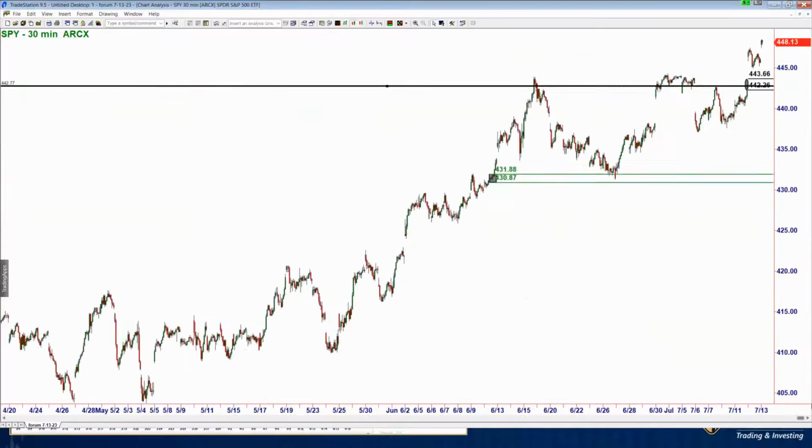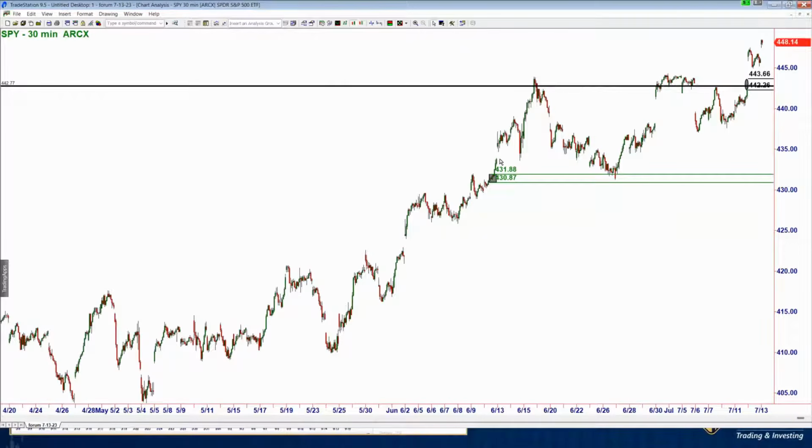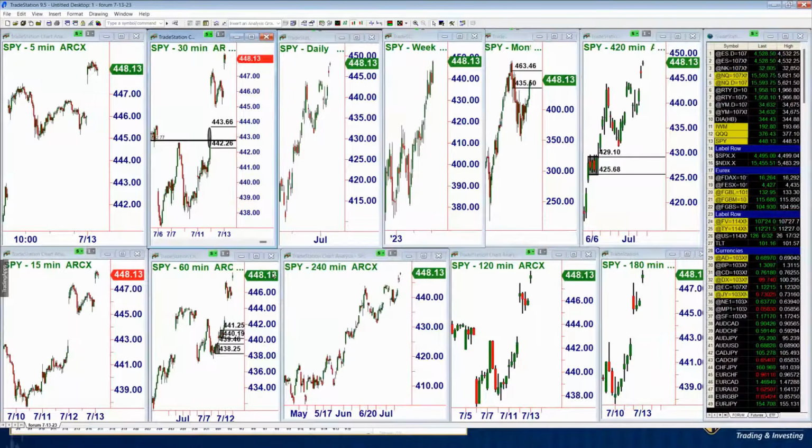So we came into it here. Let me double check. Yeah, 442.50. So we come into it here, right? This is the screenshot I just showed you. Then we come down to the 432.50, back up to here again, fall again, and now we're shifting a little bit higher. But let's talk about this area right here, which we also had in our sessions.